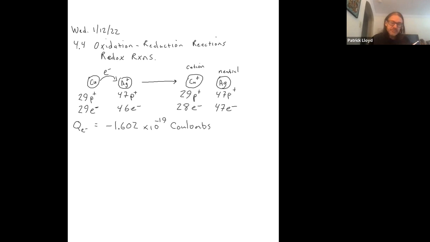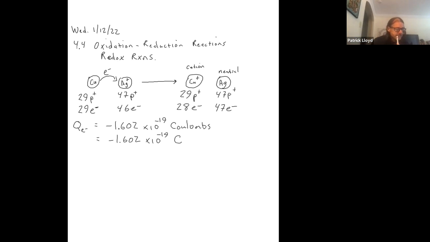Okay, and that's typically abbreviated with a C. So negative 1.602 times 10 to the minus 19th C for coulombs, okay? The coulomb is the unit of electrical charge. It's the SI unit of electrical charge, okay?